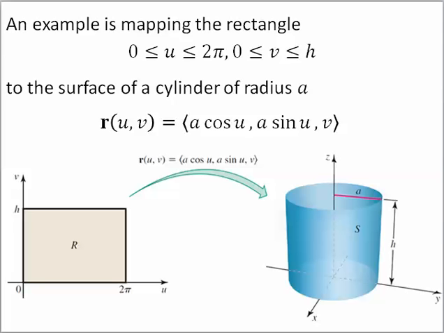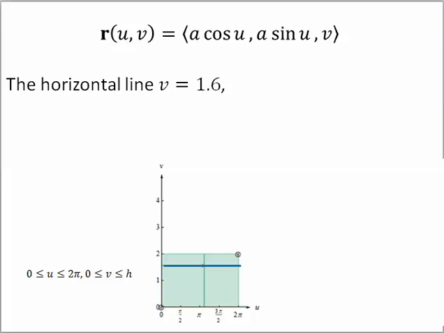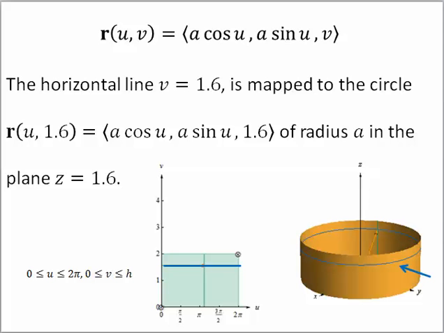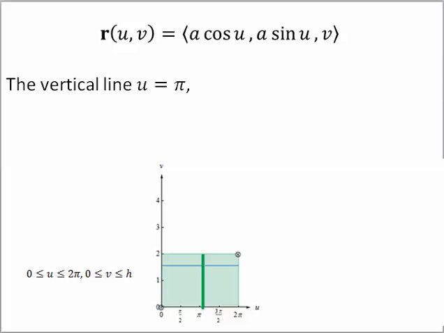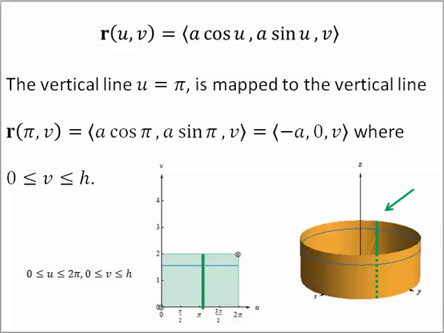If we use this parameterization, then the horizontal line v equals 1.6 is mapped to a circle of radius a in the plane z equals 1.6. The vertical line u equals pi is mapped to the vertical line (negative a, 0, v), where v runs between 0 and h, so it gets mapped to a vertical line.